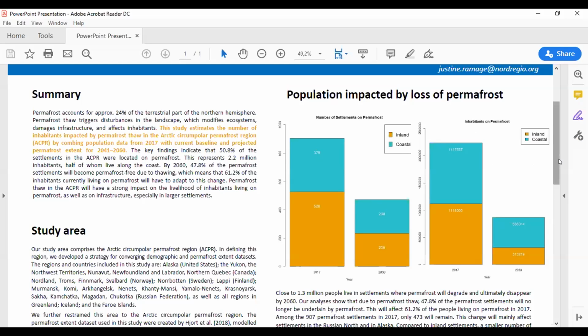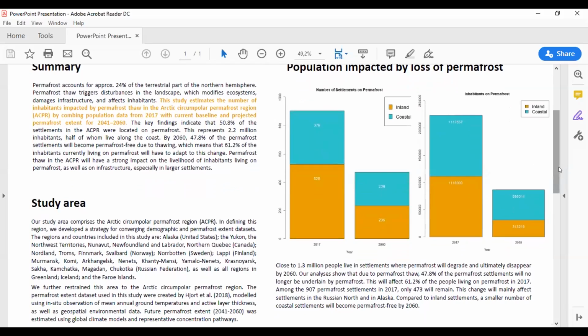What we calculated is that approximately half, or more than 1 million people, live in a settlement where there is permafrost today and that permafrost is going to thaw. So this will have large consequences on the livelihood of people.